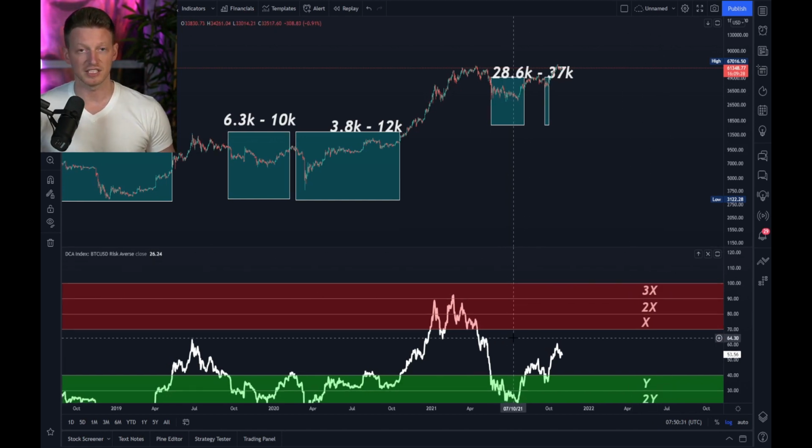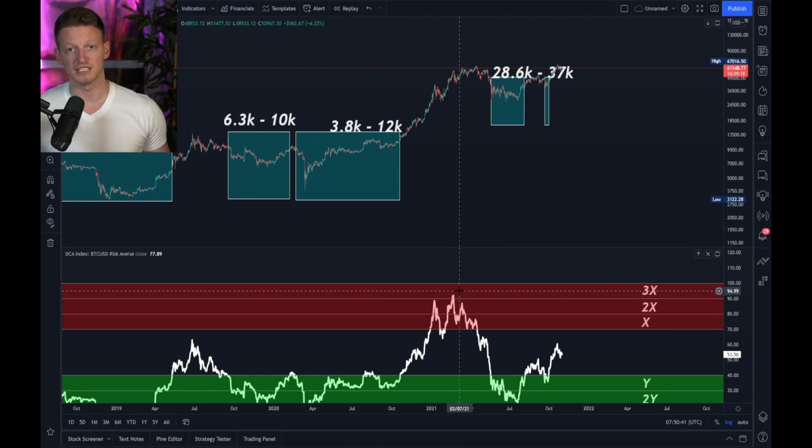Now, the advantage of a strategy, so you have to examine the advantage and the disadvantage of each. The advantage is you will obviously be selling a higher percentage at a higher price. The disadvantage, however, is that you never can be certain that you will make it to the next DCA index level. Okay?